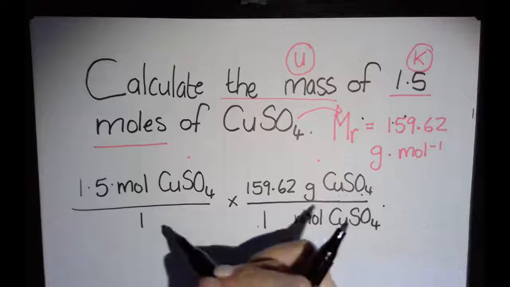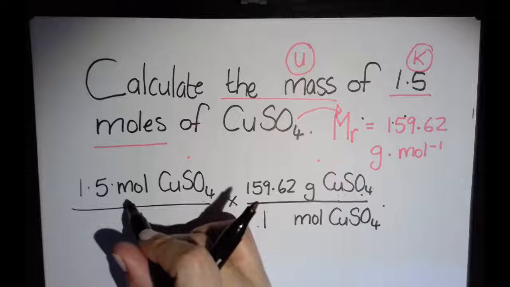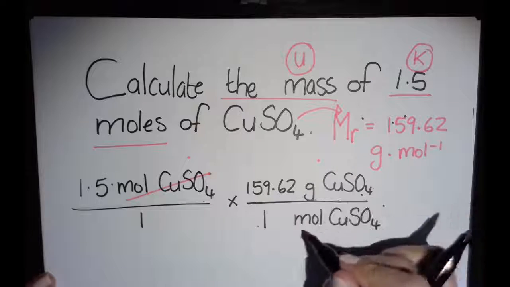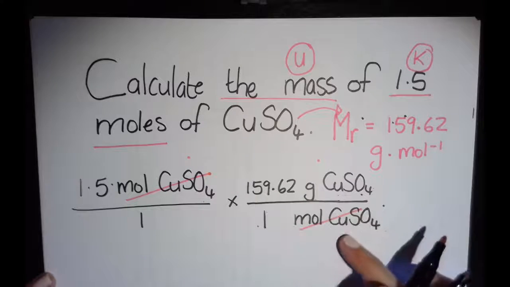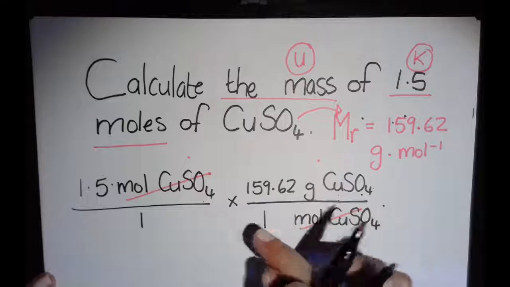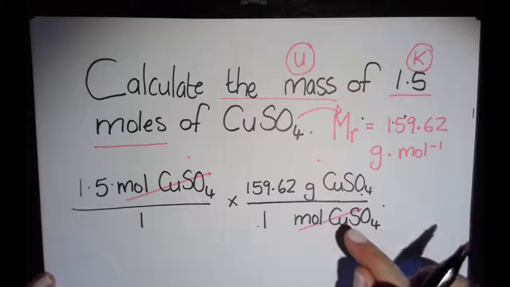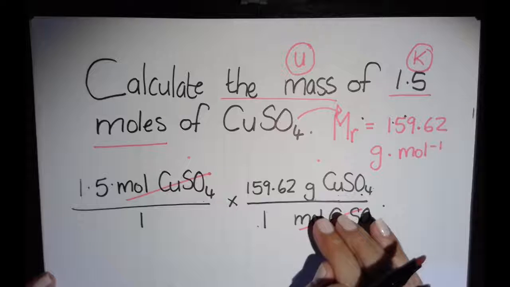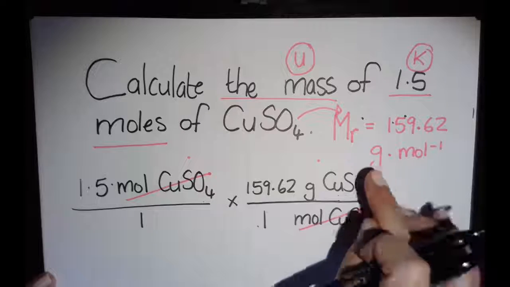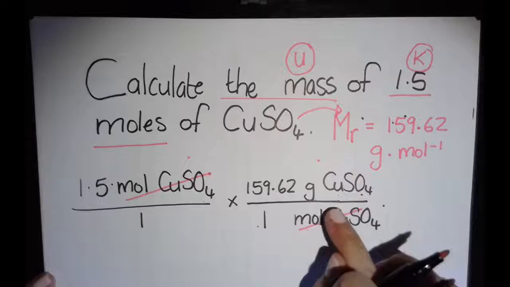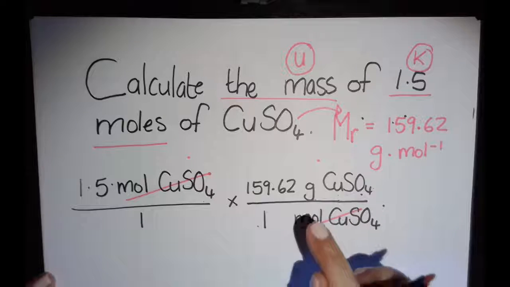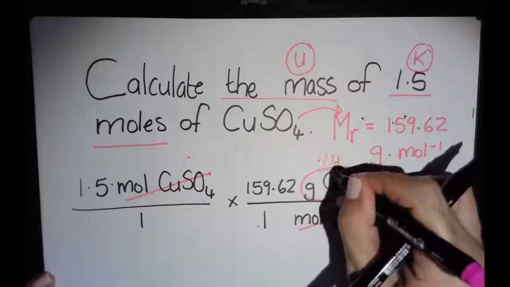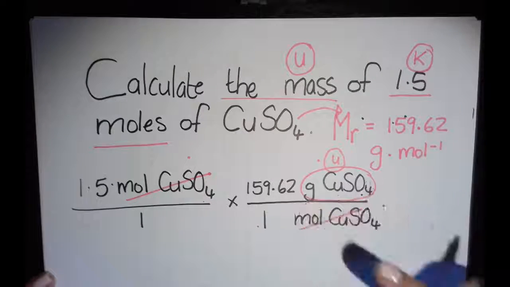If you write down your given and you make sure that mole of copper sulfate and mole of copper sulfate are opposite each other, if this one is at the top, then this one's at the bottom, so that mathematically they can cancel each other out. If you do that, you will always end up with the unknown at the top. Just remember, the unknown must always be at the top. My unknown is mass, and grams is mass.